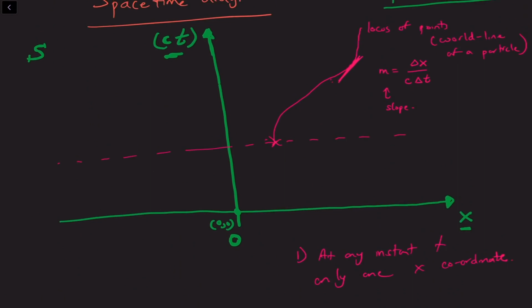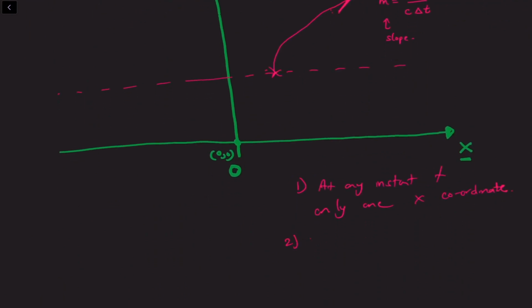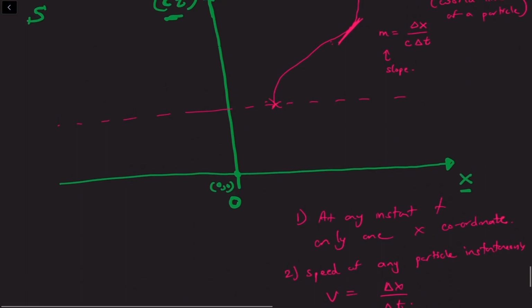Now, the second thing is about this slope. So the speed of any particle, instantaneously, v, is the distance it travels divided by delta t. So this slope is nothing but v over c, where v is the speed of the particle.